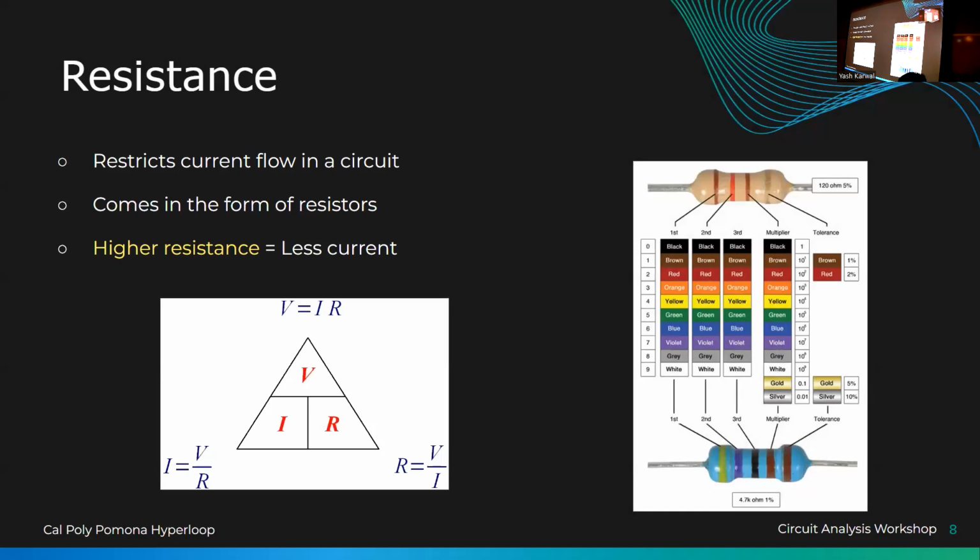That's the formula we use to calculate how much resistance we need in a circuit, how much current will flow through the circuit, and what voltage we need. Resistors can also be used as a load device because you can calculate the amount of power going through a resistor. For example, if you want to test a solar panel and know how much power it draws, you use a resistor to see how much power that solar panel is drawing.